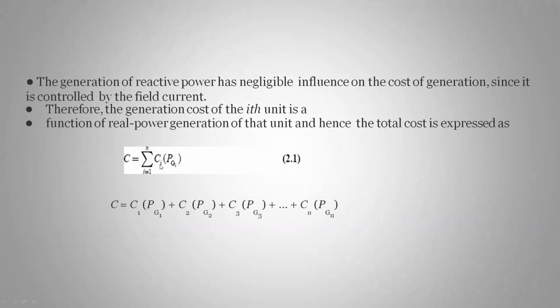Here C is the cost of generation and PG is the generating power. So the first unit generates power PG1 with cost C1 PG1, plus the second unit's generation cost C2 into PG2, the third unit C3 into PG3, C4 into PG4, C5 into PG5, and so on, Cn into PGn. n is the number of power generation units.